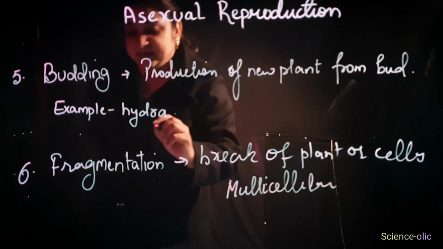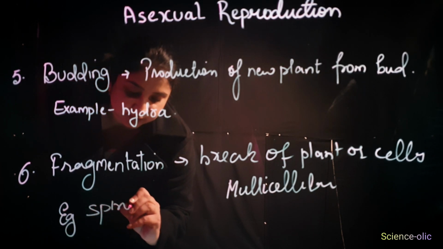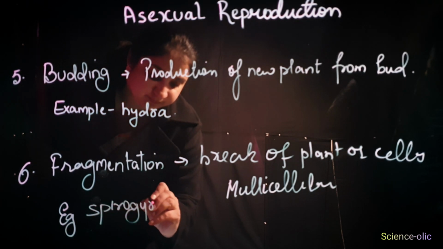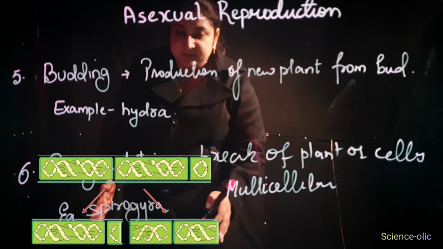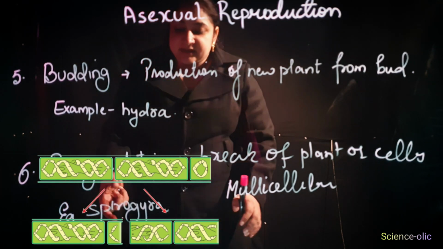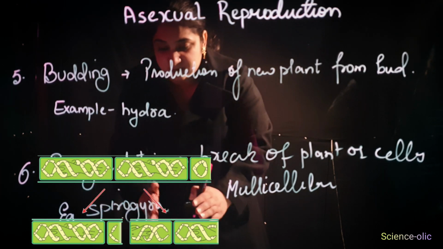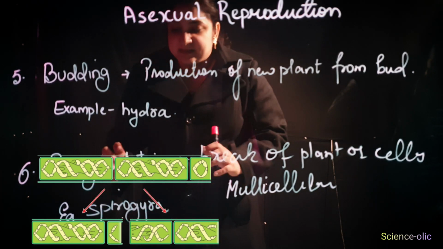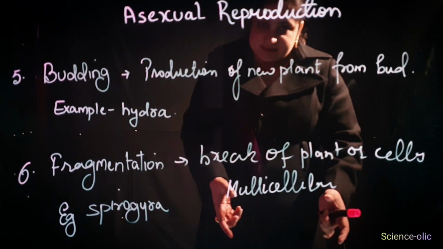Its example is Spirogyra. You are seeing this image. In this, the fragmentation is taking place. The multicellular organism is breaking into different parts. And this only occurs in multicellular organisms.